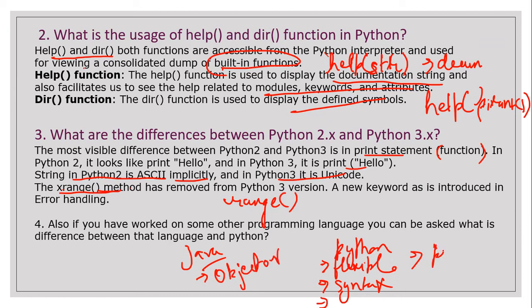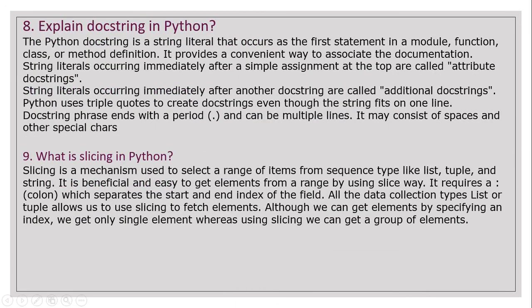Python has the feature of object orientation, but it's not complete, okay. Python is a scripting language, Java is not. And based on your experience you can tell more points whatever you have felt. Like in Python we follow indentation, in Java there is no such rule, okay.